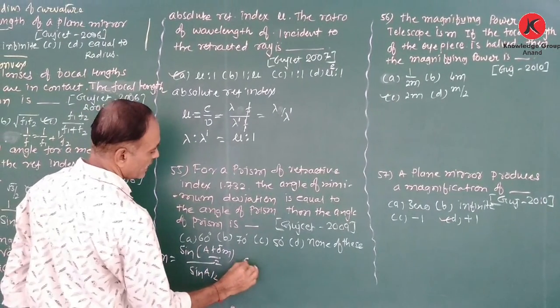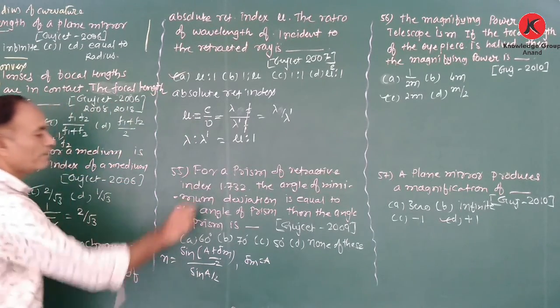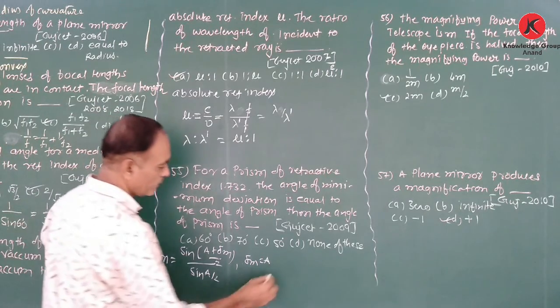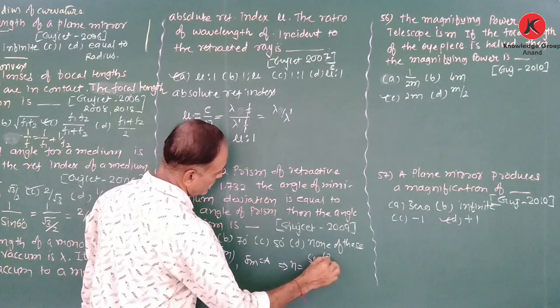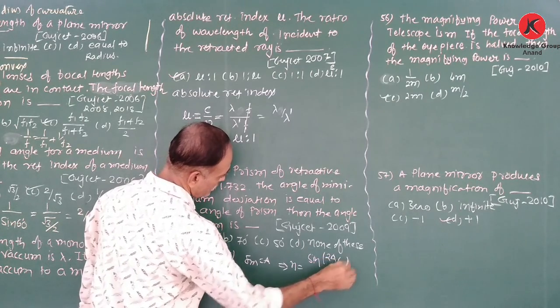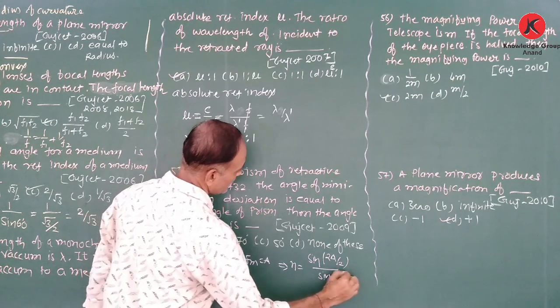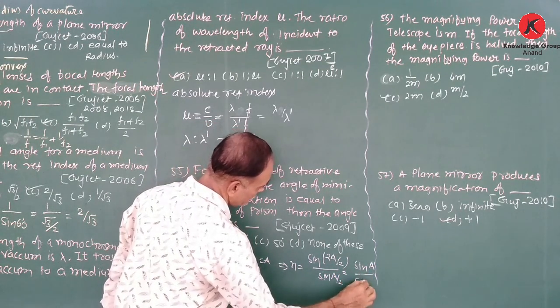But delta m is equal to A, so n is equal to sine 2A by 2 upon sine A by 2, which is sine A upon sine A by 2.